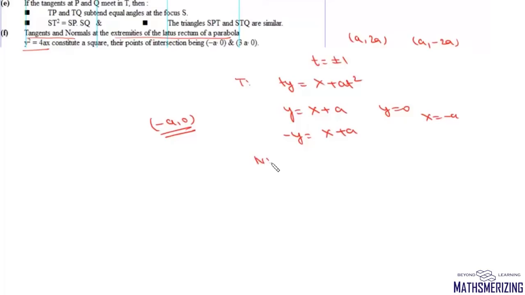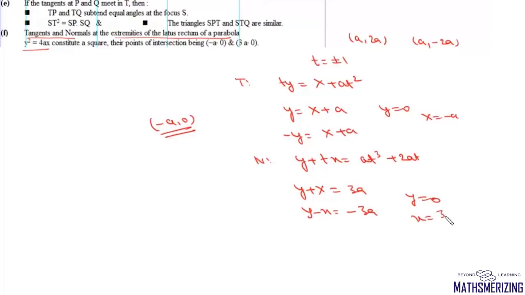Now we'll write the equation of normal. The equation of normal is y plus tx equals at cube plus 2at. Now we'll put t as 1, we'll get y plus x equals 3a and y minus x equals minus 3a. Now we'll add them, we'll get y equals 0 and then x as 3a.